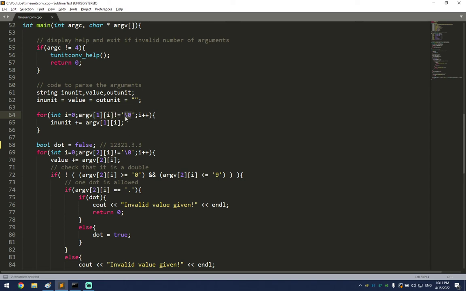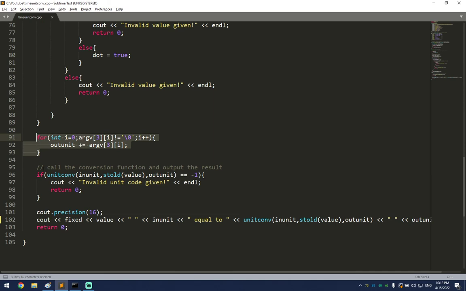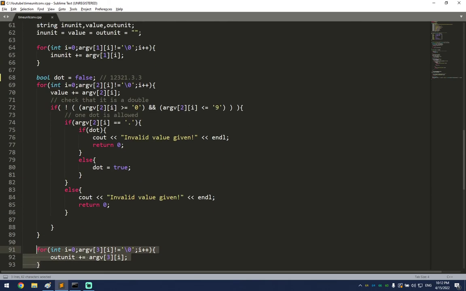This is how C strings end with this character. So for every character, I just put this character in my C++ string now. I just add it in the back. So with these two very simple for loops, I'm just reading the input unit and the output unit here.